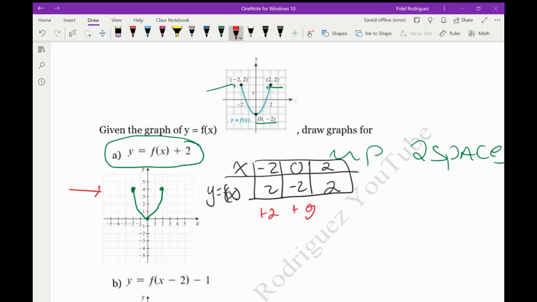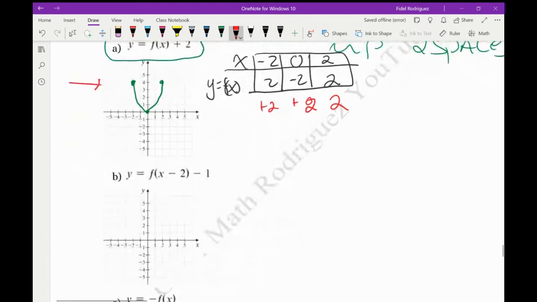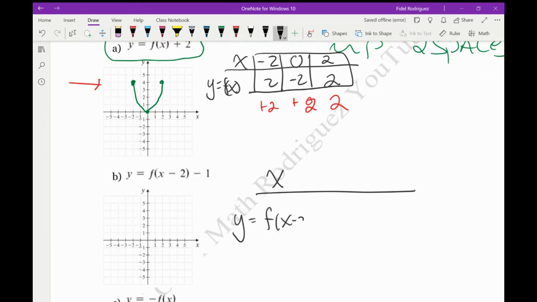I just added 2 to each of those, and that's how I was able to come up with my new point, right? So I'm going to do the same thing here. I want you to look at what we have and what we're going to end up with. So here's my x, here is my y = f(x) - 2 - 1. Okay?